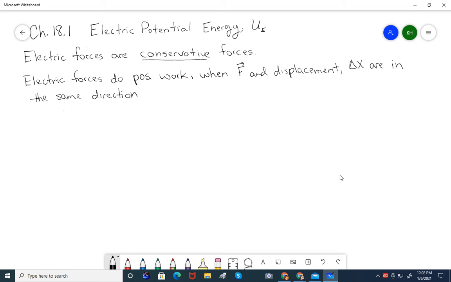And what happens when forces do positive work? Kinetic energy increases.